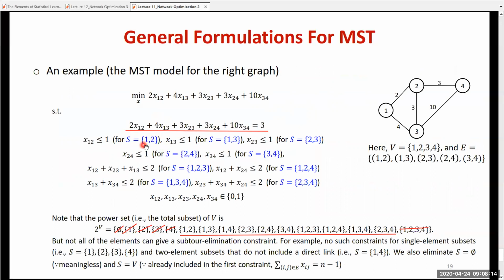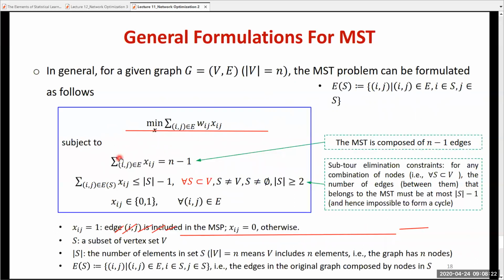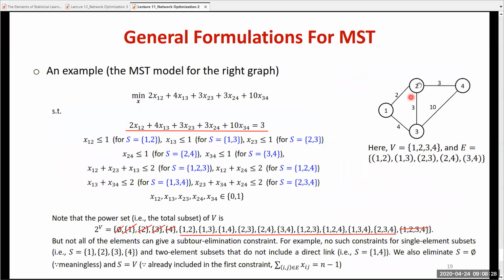Anyway, so here your S equal to 1, 2, and hence your cardinality is 2. 2 minus 1 equals to 1, so the right-hand side is 1. Then the left-hand side should be all the edges included in this subset composed of S. My current subset is 1, 2, right?